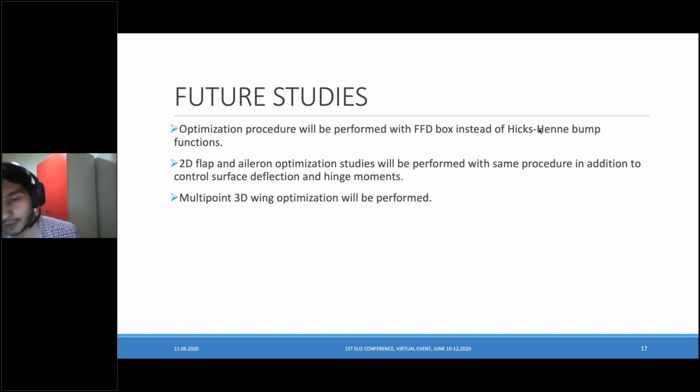Actually, I don't have any idea about this procedure yet, but I have to set it up because the next step is the 3D wing optimization. For the 3D, I have to use the FFD box.